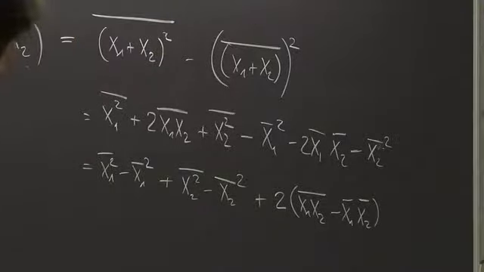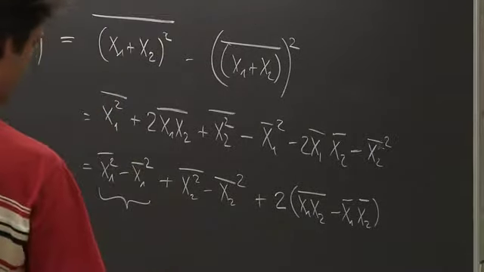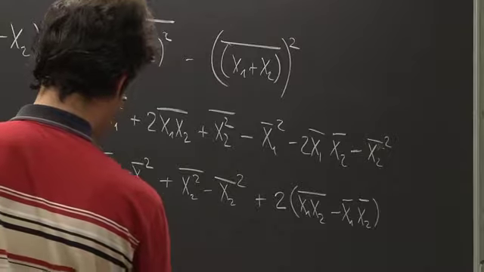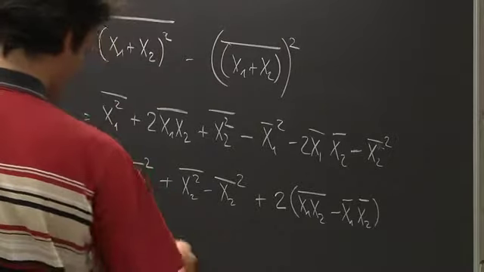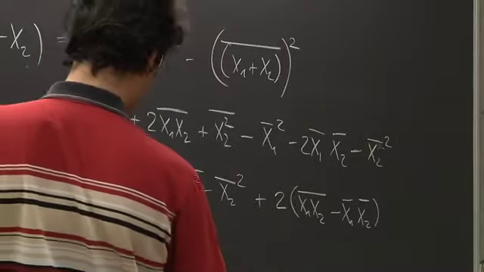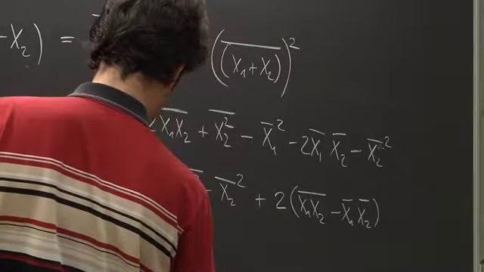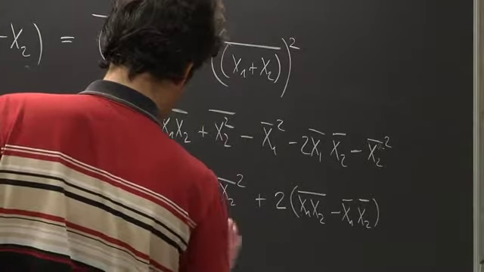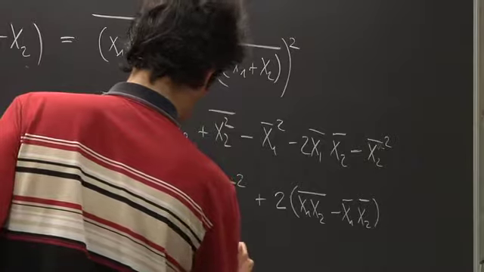This you recognize by definition as the variance of x1, or sigma squared of x1. This is the variance of x2.